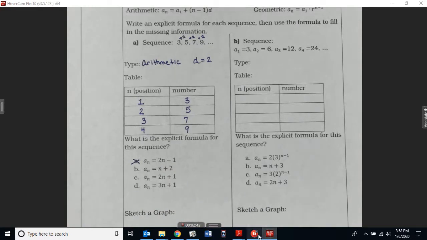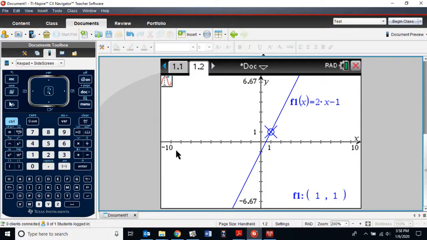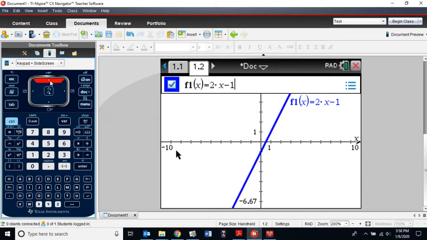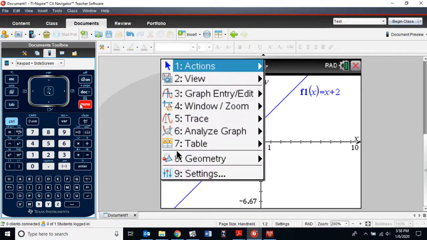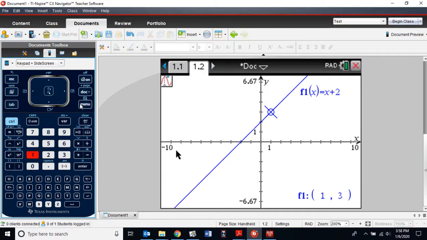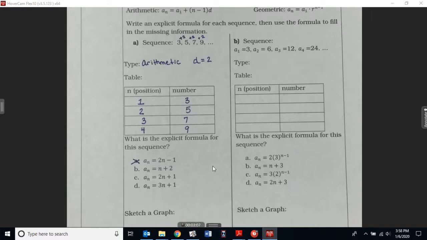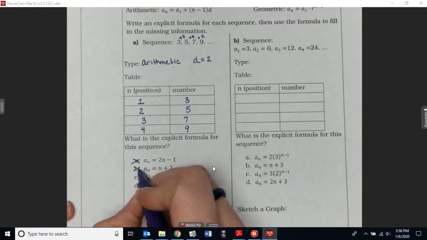All right, if I go change it, so if I press tab and I go up, I can change that equation to x plus 2. And then again, I do menu 5, 1, and 1 goes to 3. But now I need to check 2. 2 goes to 4. But on my table, 2 goes to 5, so letter B is also out.